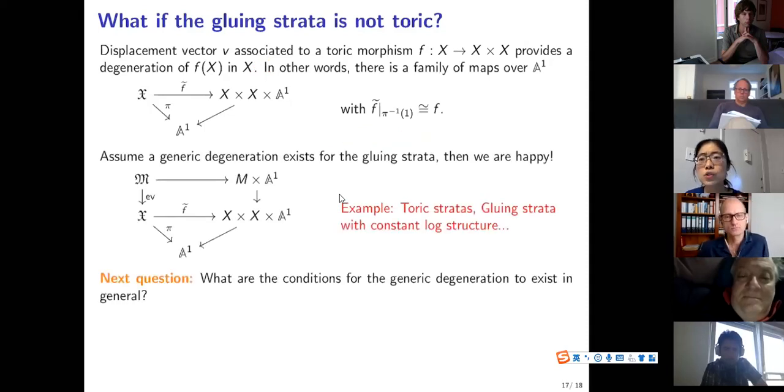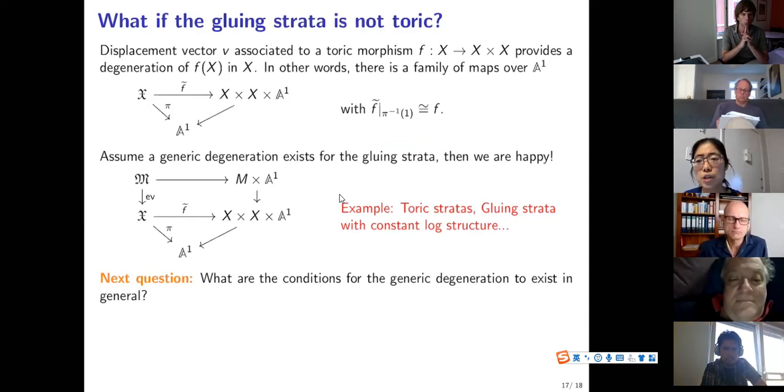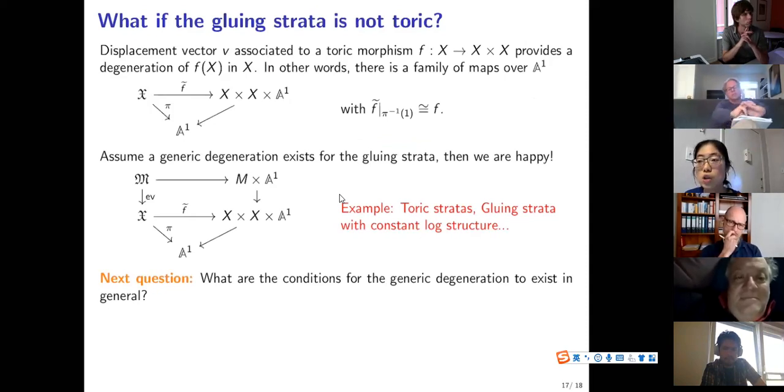If we're trying to generalize to the general case, we have to consider under what cases such a generic degeneration should exist for the gluing strata. This already exists, for example, for the toric strata, for toric varieties, or if the gluing strata has constant log structure, then this generic degeneration we can always find.